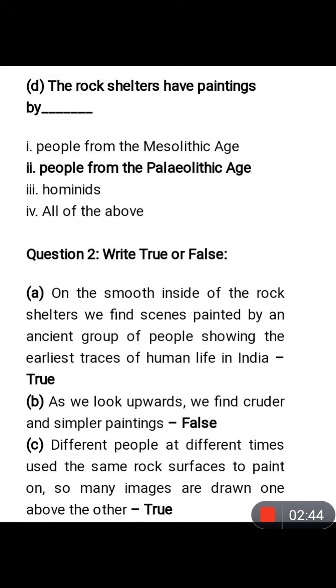So this would be a false sentence. Now we have the next statement: different people at different times use the same rock surfaces to paint on, so many images are drawn one above the other. This sentence is absolutely true.